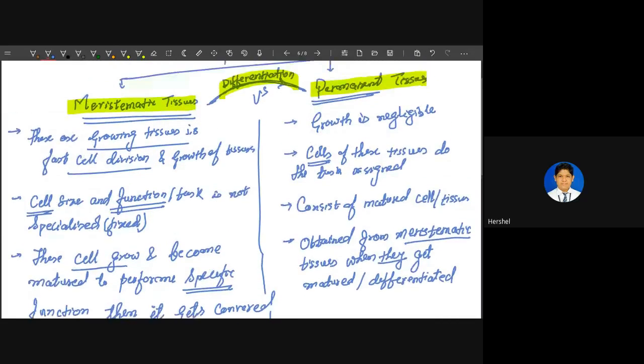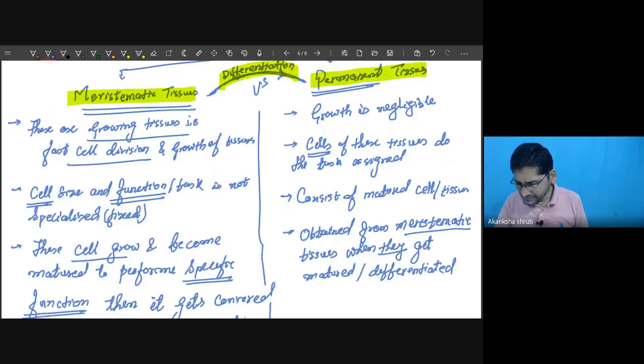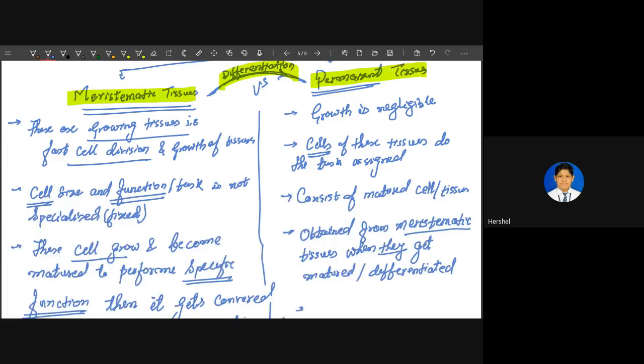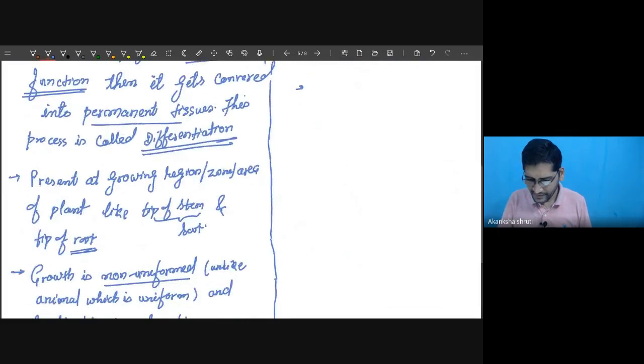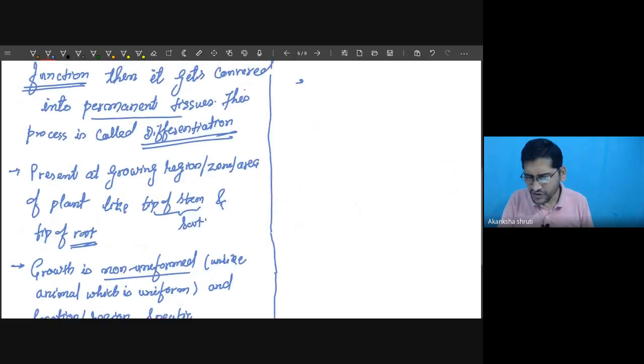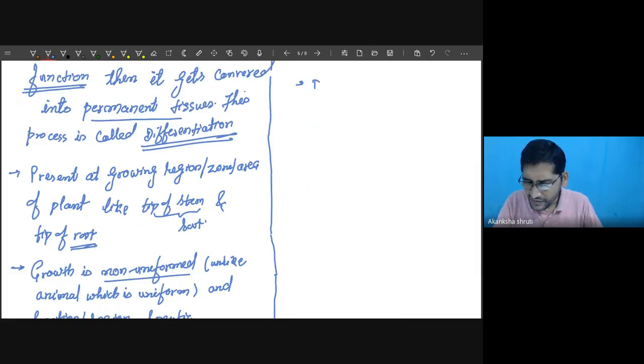Okay, students. Scroll down. Sir, can you scroll down? Yeah, it will come. So these permanent tissues are doing a particular task, and based on the particular task there are different types.